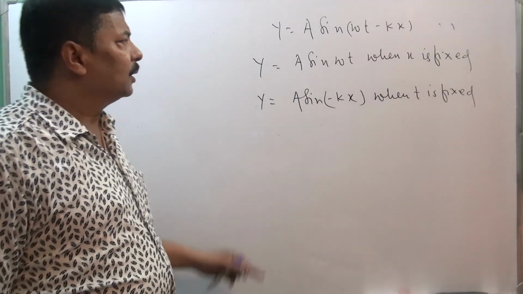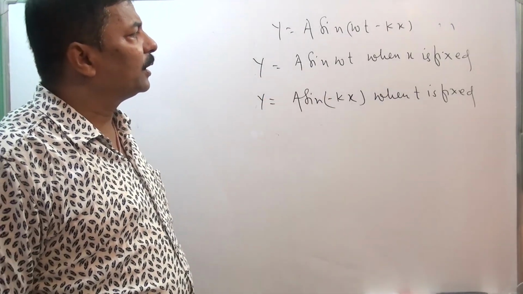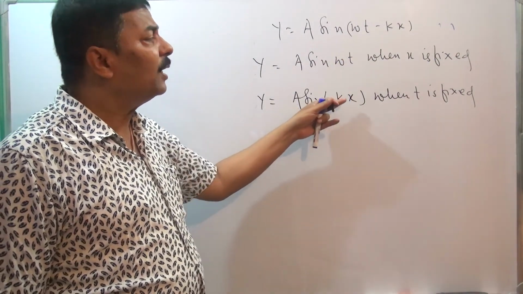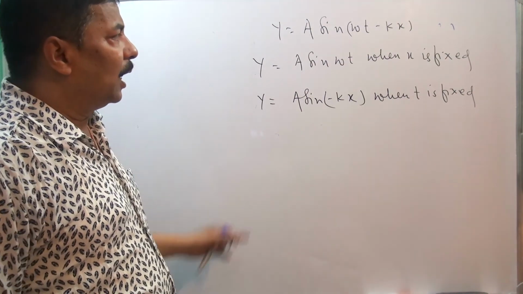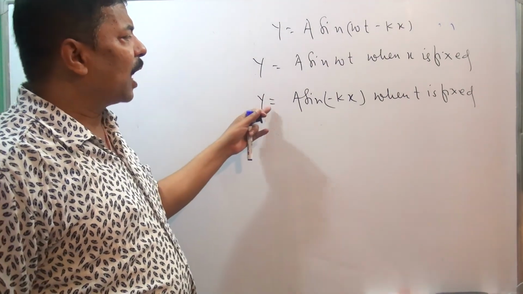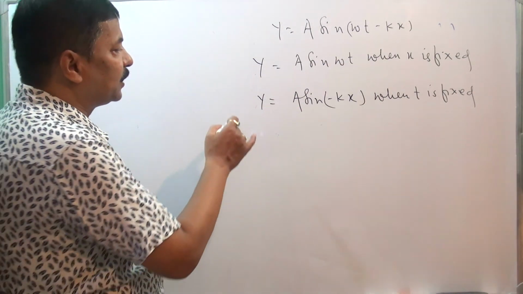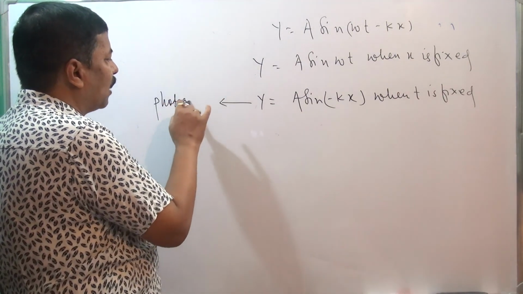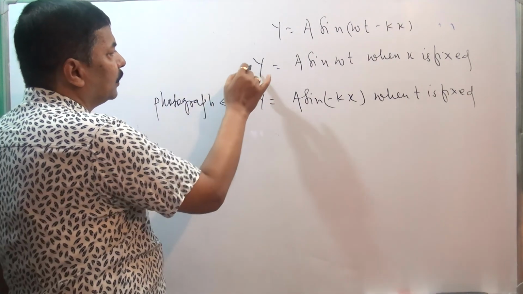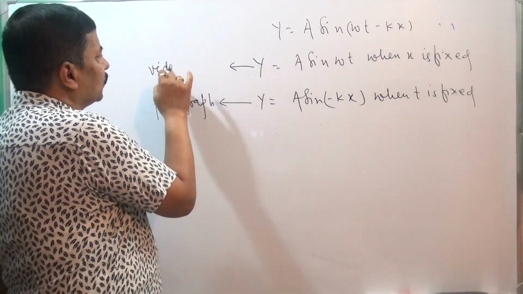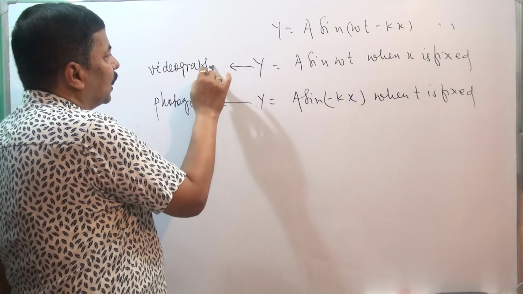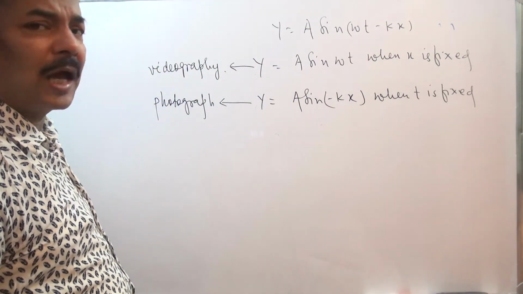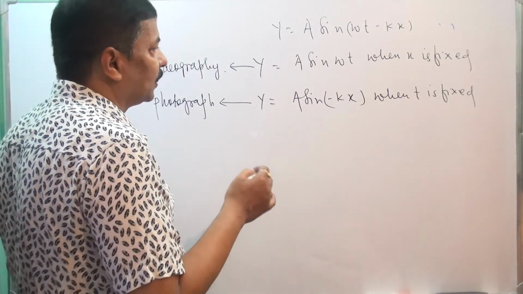We have understood that y = A sin ωt when x is fixed, and y = A sin(−kx) when t is fixed. So two graphs: this is the graph between y and x, basically your photograph, and this is your videography. Now I am trying to show you the graph, which type of graph we can expect in this relation.